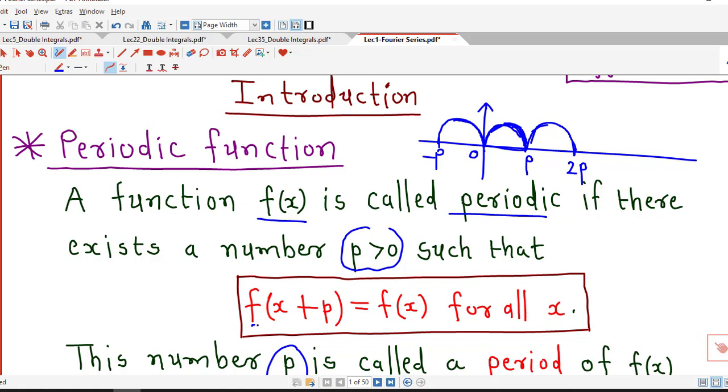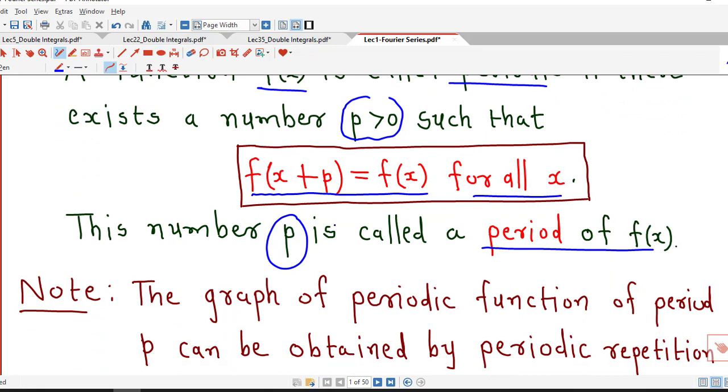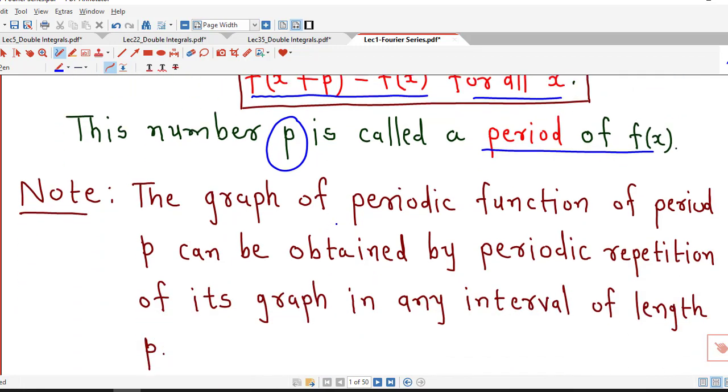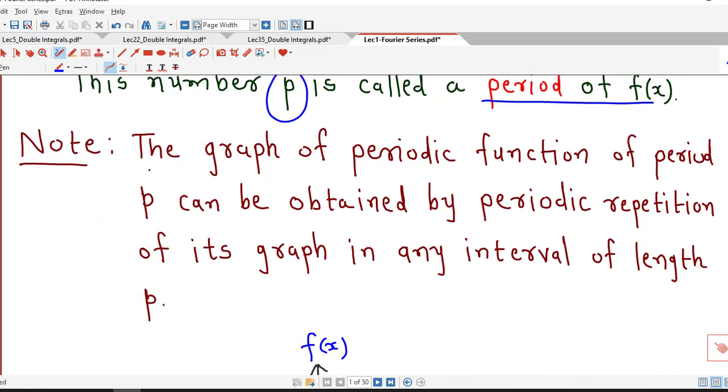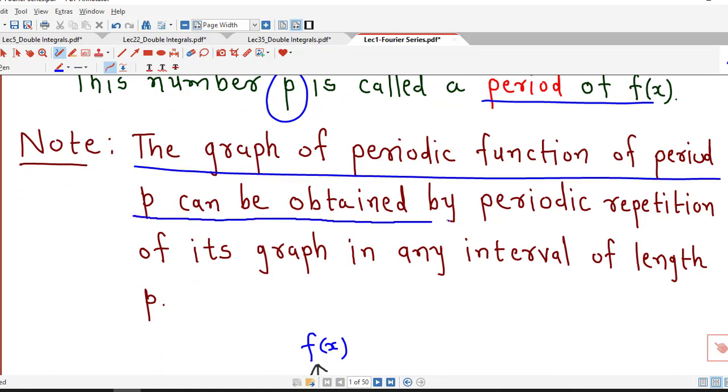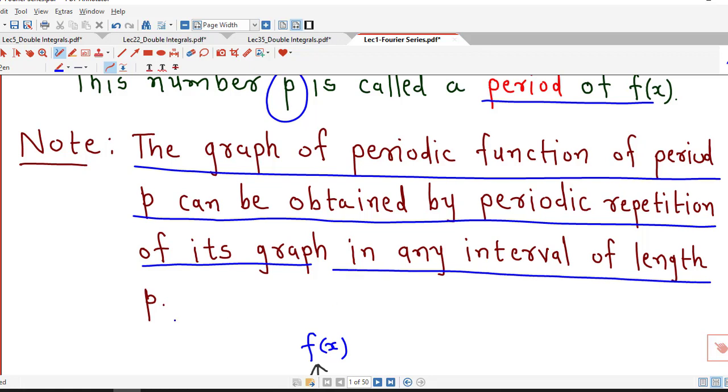And this is the mathematical definition. If f(x + p) = f(x) for all x, then the function is called periodic, and this number p is called the period of f(x). As I discussed, the graph of a periodic function of period p can be obtained by periodic repetition of its graph in any interval of length p.